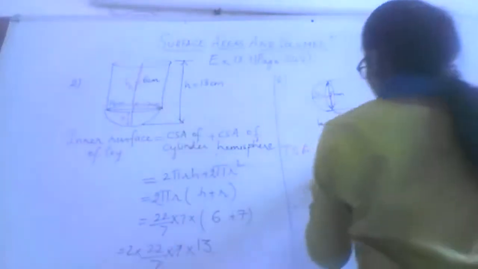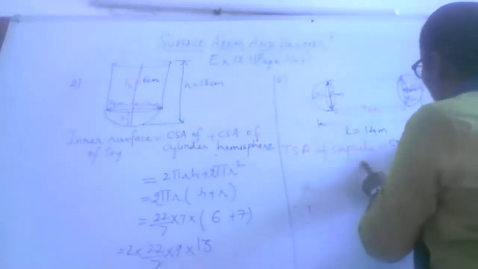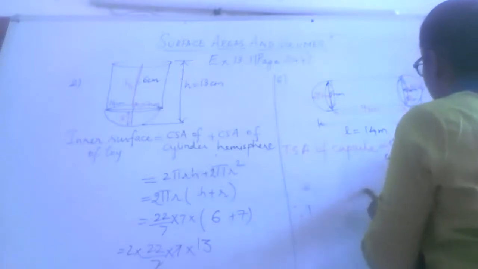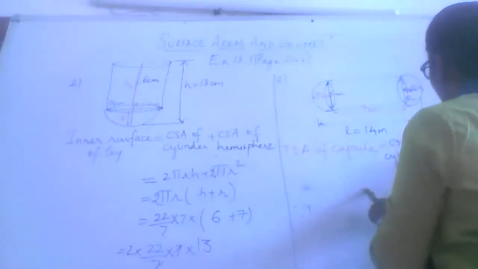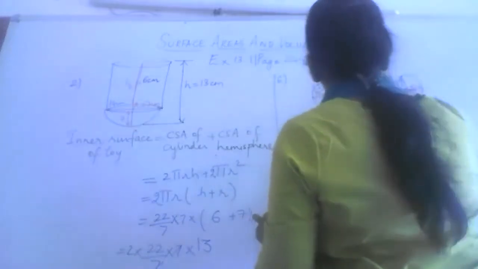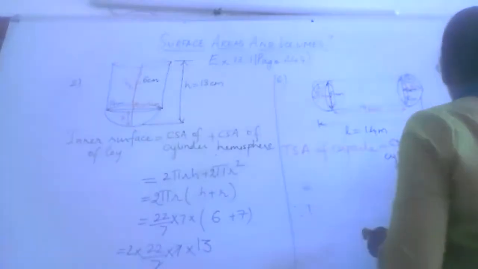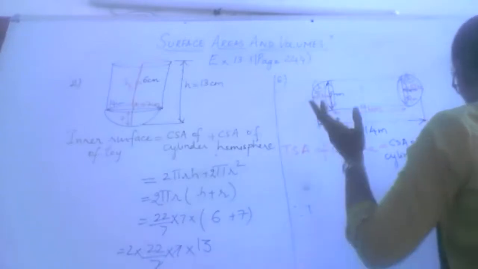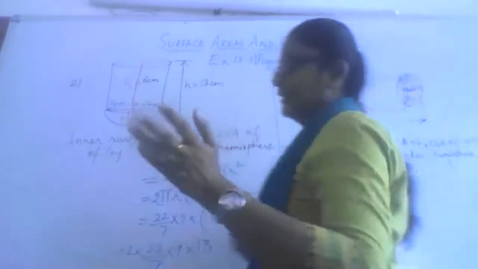The CSA of the capsule will be CSA of cylinder plus CSA of hemisphere 1 plus CSA of hemisphere 2. You can calculate them separately or you can put them together and find the sum.